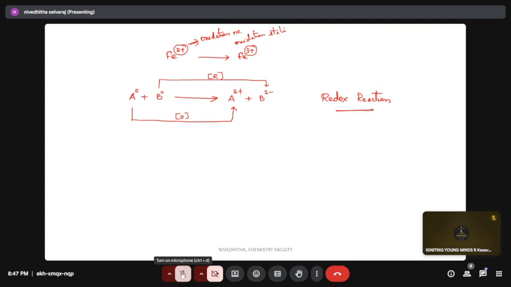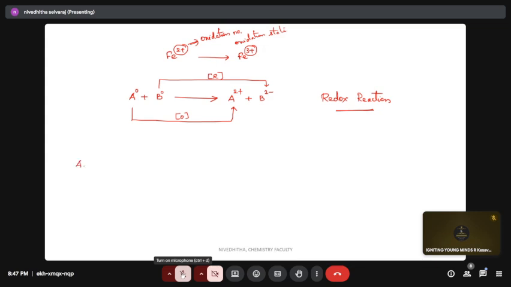Redox reaction. Okay, fine. So here we understood what is oxidation, what is reduction, what is oxidation number, and from oxidation number how to find whether the species is getting oxidized or reduced. Now we're going to understand two more terms: oxidizing agent and reducing agent.